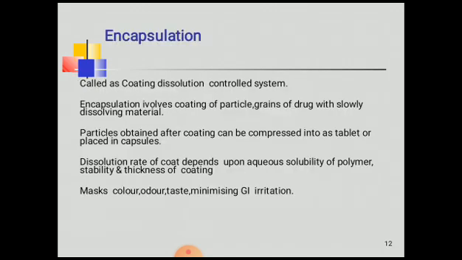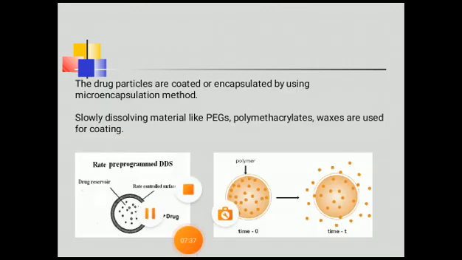These drug particles will be coated over by a rate controlled surface, so that is called the coated membrane, and this whole thing is called a drug reservoir. Drug reservoir is nothing but the drug particle reservoired in one system, that is called an encapsulation system. That's why we call it a drug reservoir.